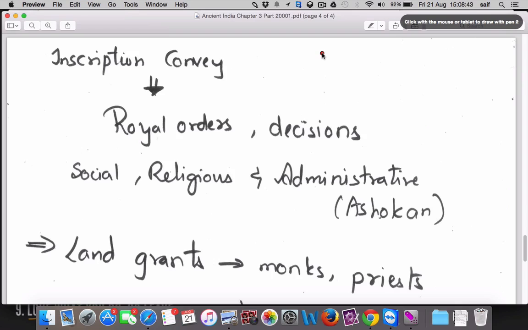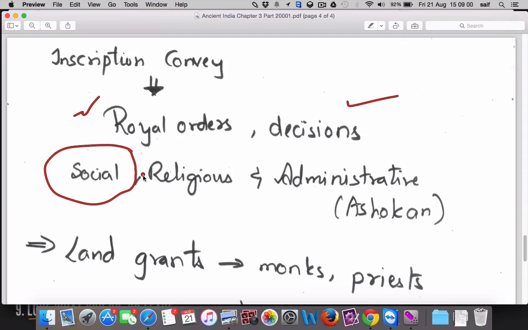But what does an inscription convey? Inscriptions convey royal orders. At that time the king and ruler used to give orders and they were put on stone to give to other people. Decisions were recorded on the inscriptions. Social problems and social issues will be there on these inscriptions. Religious matters will be there like Jainism and Buddhism. All this was spread with stone inscriptions, and administration is also there.